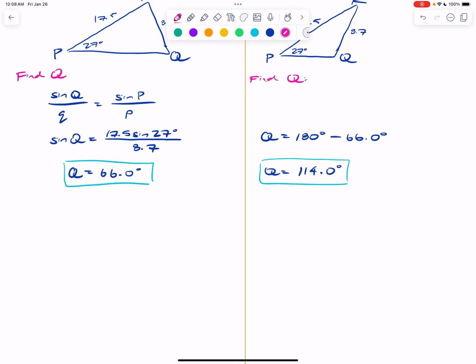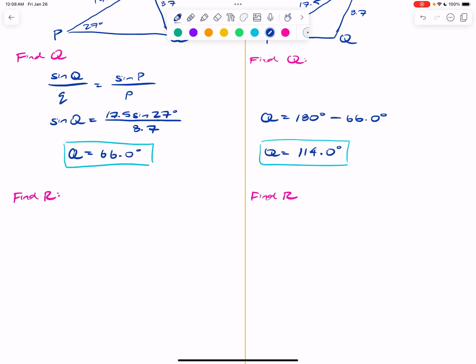Next up, the last angle. That's straight up by using interior angle property. So we'll take away angle P, we'll take away angle Q.